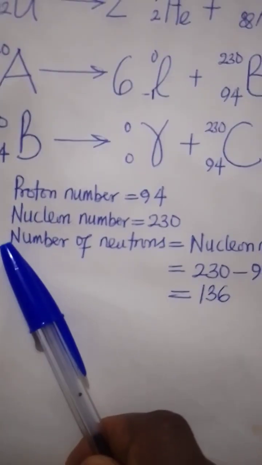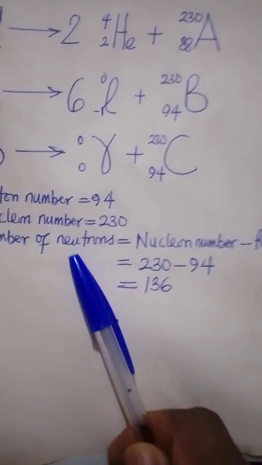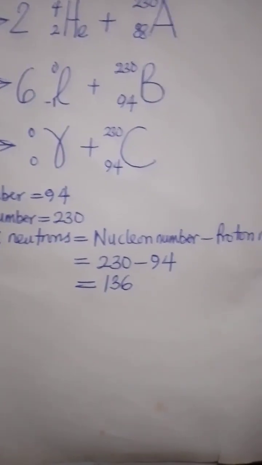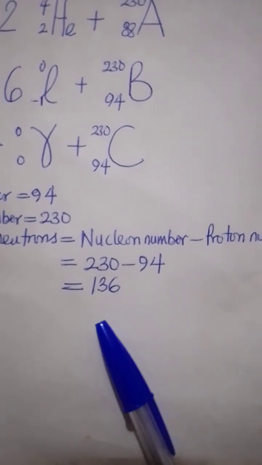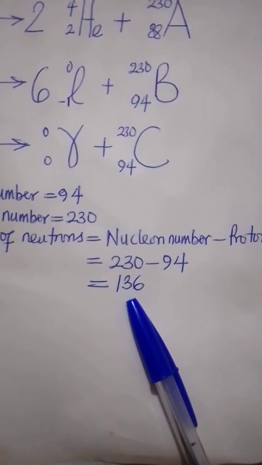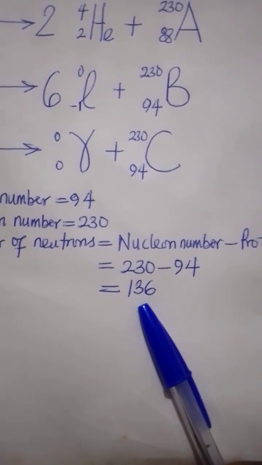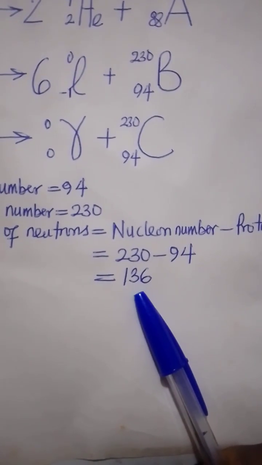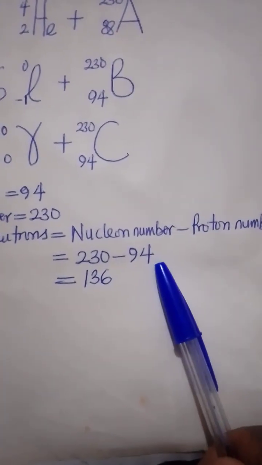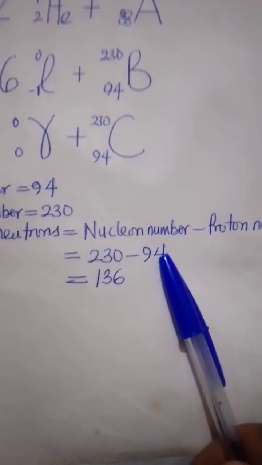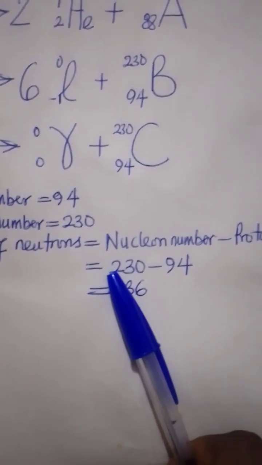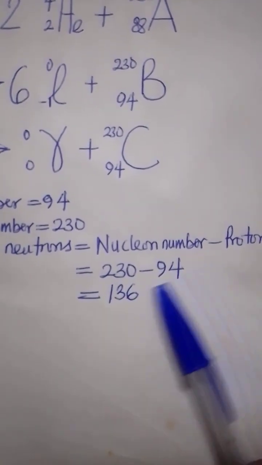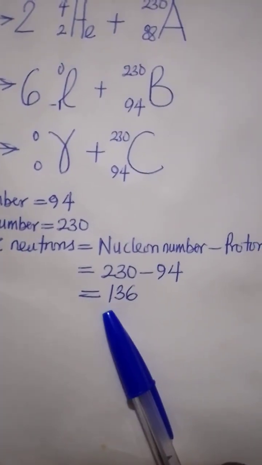So to get the number of neutrons, you subtract the proton number from the nuclear number, I beg your pardon. And then when you do that, you get the number of neutrons.